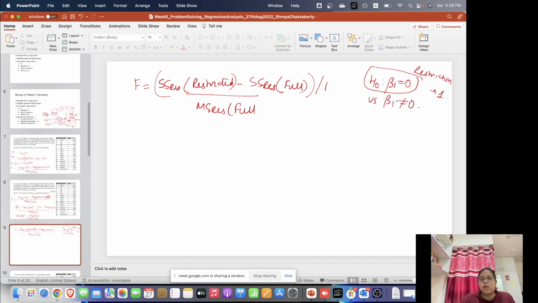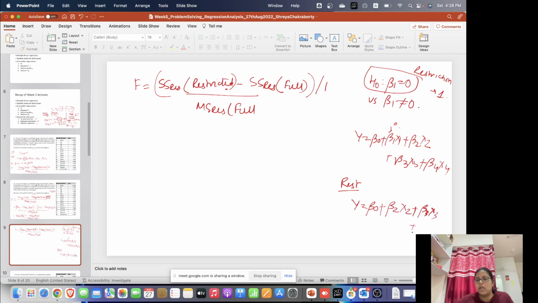The sum of squares due to residuals from the restricted model: initially the model was beta naught plus beta 1 x1 plus beta 2 x2 plus beta 3 x3 plus beta 4 x4, 4 variables we had. Under the restricted model, beta 1 is 0. So the restricted model becomes y equal to beta naught plus beta 2 x2 plus beta 3 x3 plus beta 4 x4, a model with x2, x3 and x4.